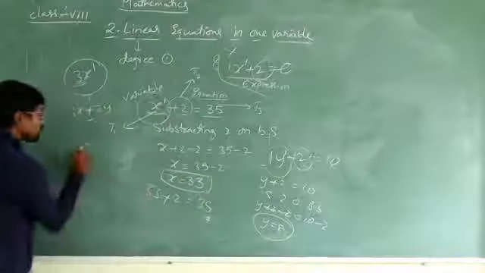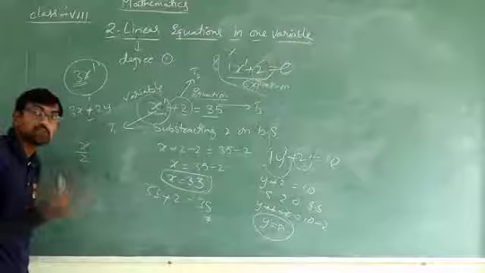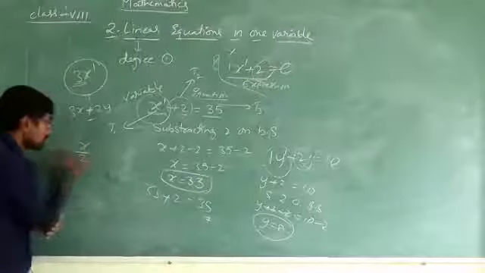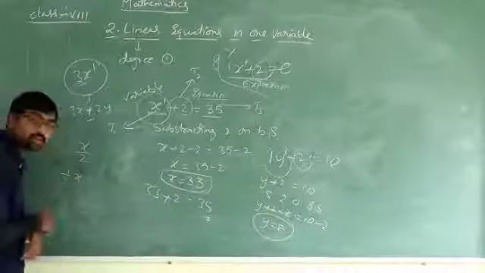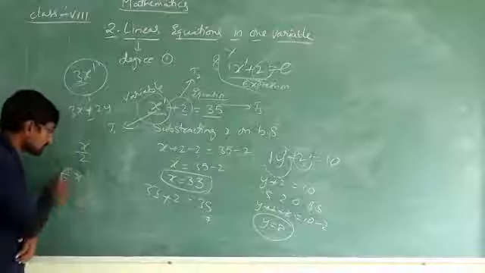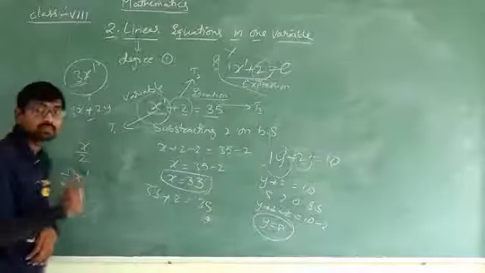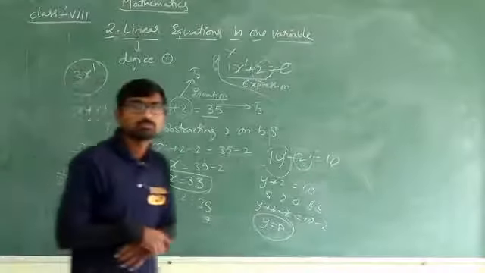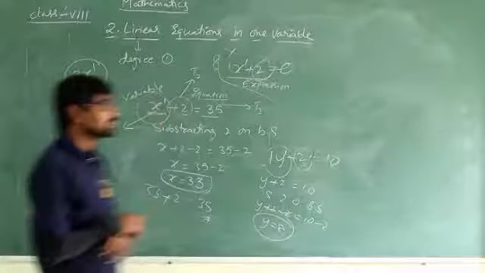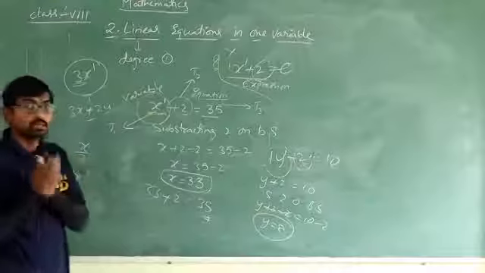What about division, sir? If I have x by 2, how many terms are there? We have only one term. How can I write it? 1 by 2 into x. Here the degree is 1, and this is the coefficient. The thing which is being multiplied is not a term, that is called the coefficient. So this is the thing you have to remember.